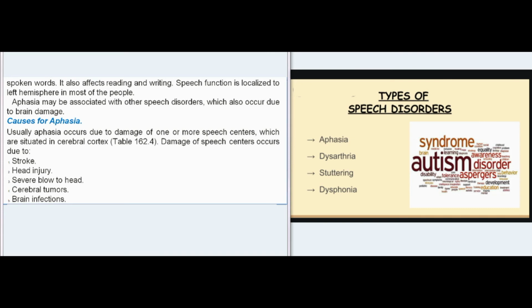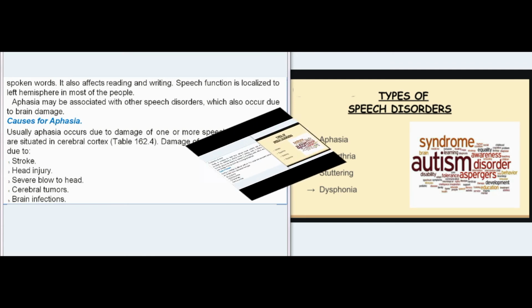Causes for aphasia. Usually aphasia occurs due to damage of one or more speech centers, which are situated in cerebral cortex, Table 162.4. Damage of speech centers occurs due to stroke, head injury, severe blow to head, cerebral tumors, brain infections, degenerative diseases.